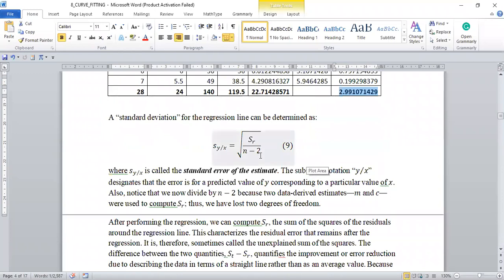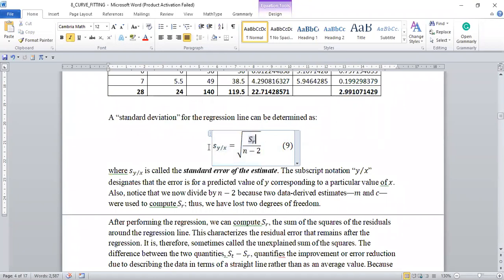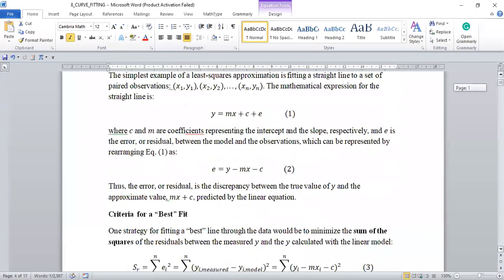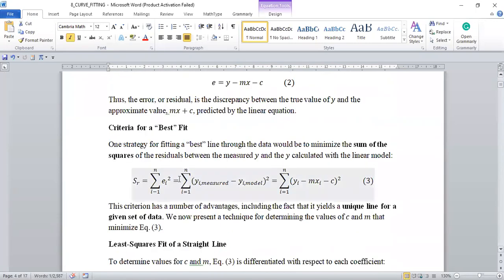Another way you can quantify if the line you fit is actually the best line is to measure the standard error of the estimate. The standard error of the estimate is given by this formula, where SR is the error we have here that we want to drive to 0.